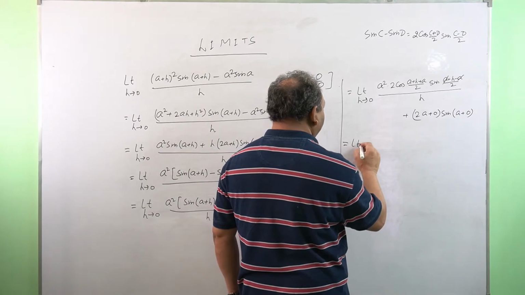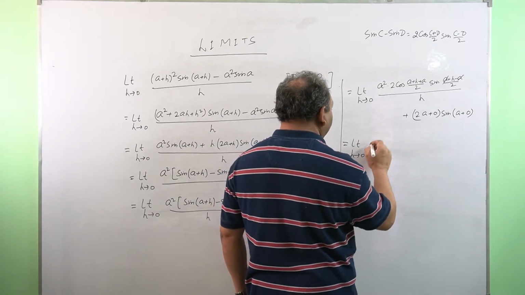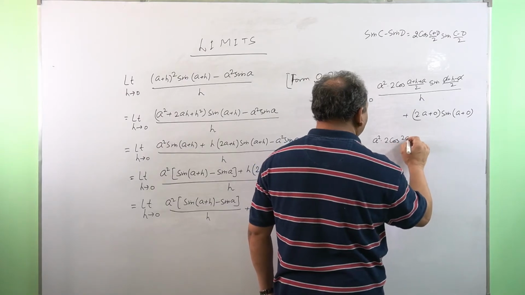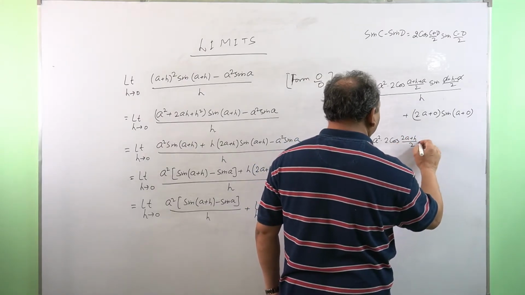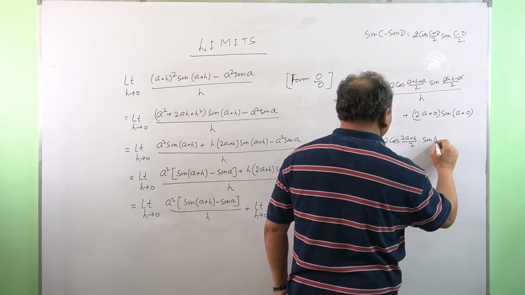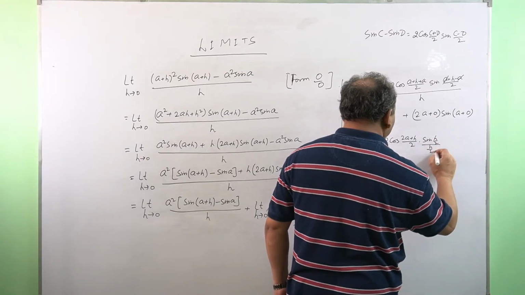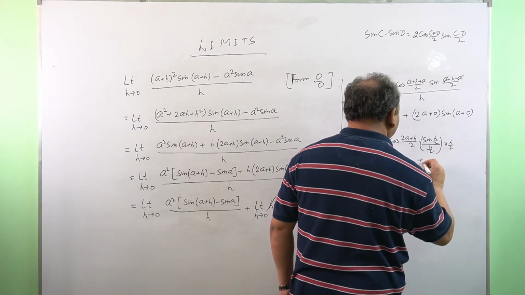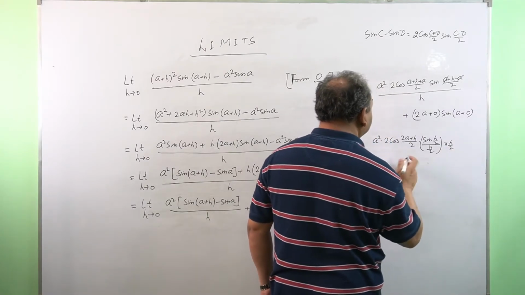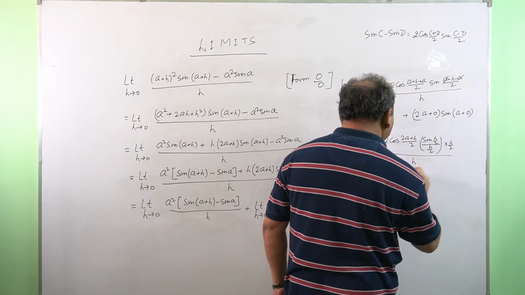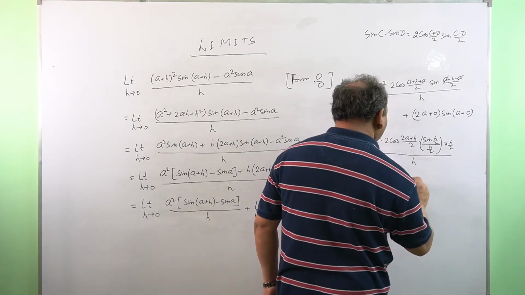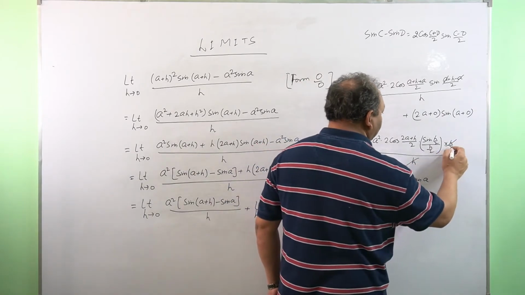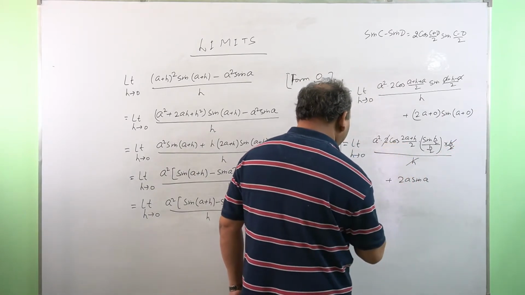This is equal to limit h tends to 0, a² into 2 cos((2a + h)/2) into [sin(h/2) / (h/2)] multiplied by (h/2), whole divided by h, plus 2a sin a. h cancels out, 2 cancels out.